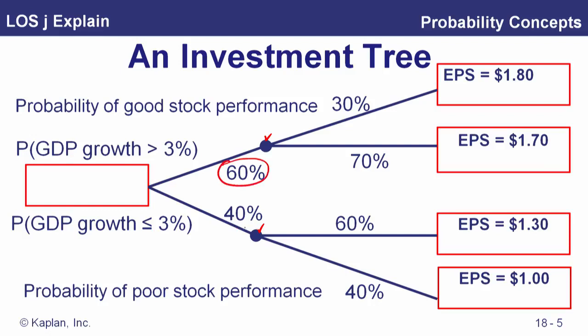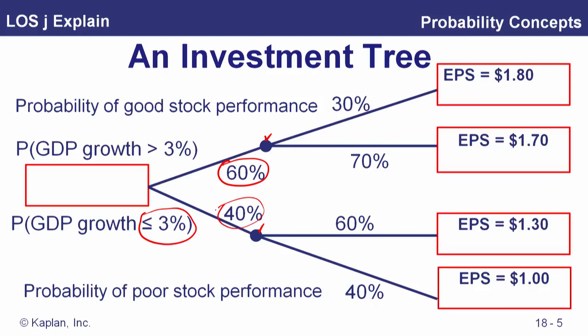And this lower branch of the tree is the probability that growth won't be greater than 3%. So less than or equal to. And the probability of that's just 1 minus 60%, so 40%. So those are our two probabilities.